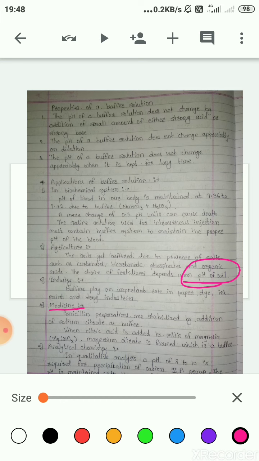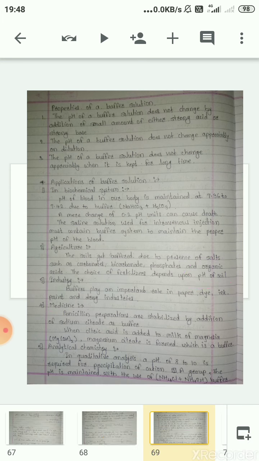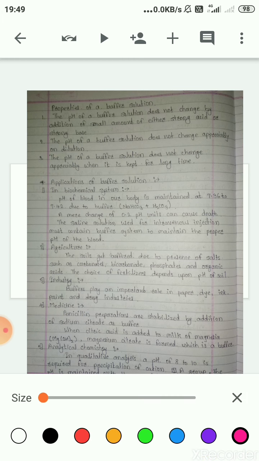In medicine, we have heard about penicillin, and we know it very well. Penicillin preparations are stabilized by addition of sodium citrate as a buffer. Citric acid and sodium citrate form an acidic buffer solution.